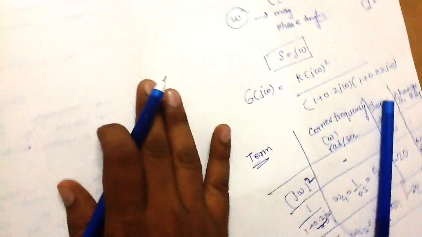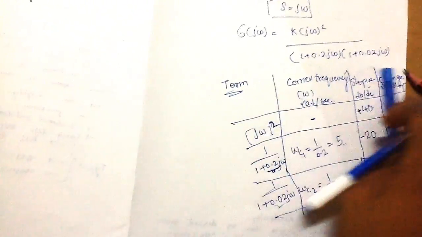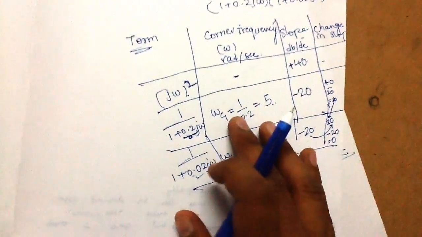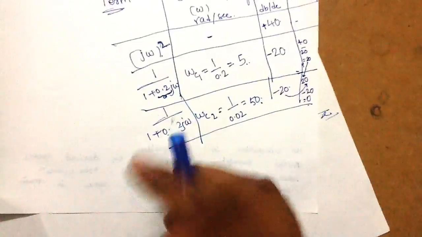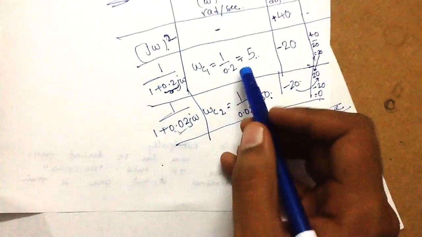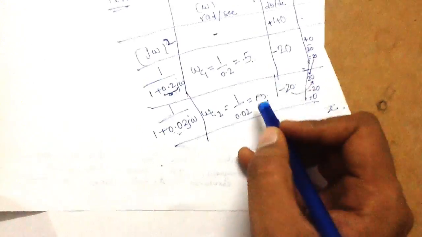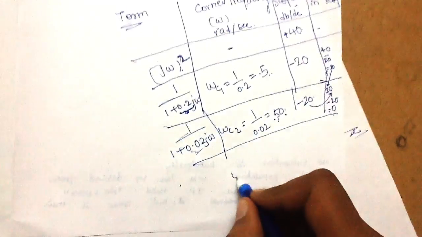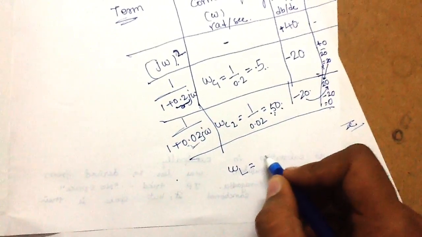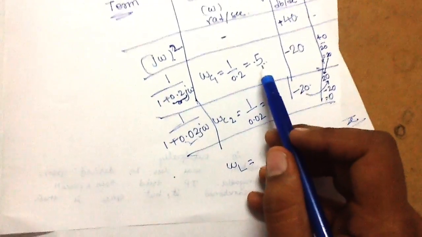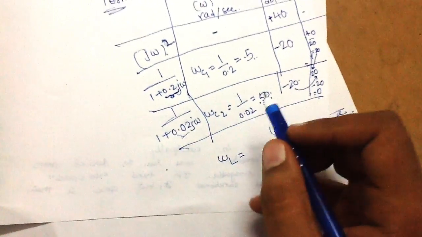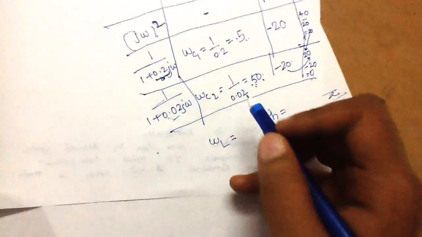So the first thing I'm going to do to plot the Bode plot is take one frequency which is lower than 5 and another frequency which is more than 50. The rule is you have to take a frequency called omega L, which is less than the least corner frequency, and you need to take a frequency omega H, which is greater than the maximum corner frequency.